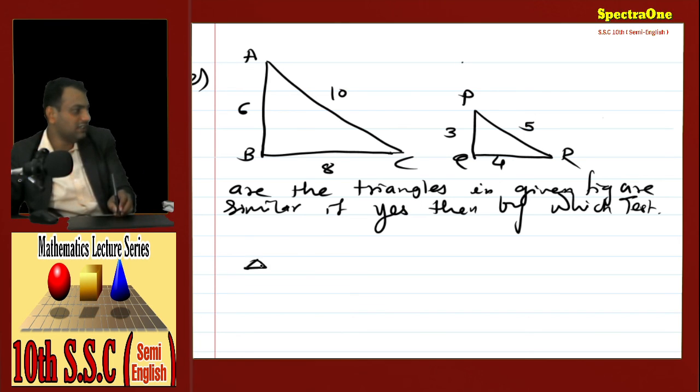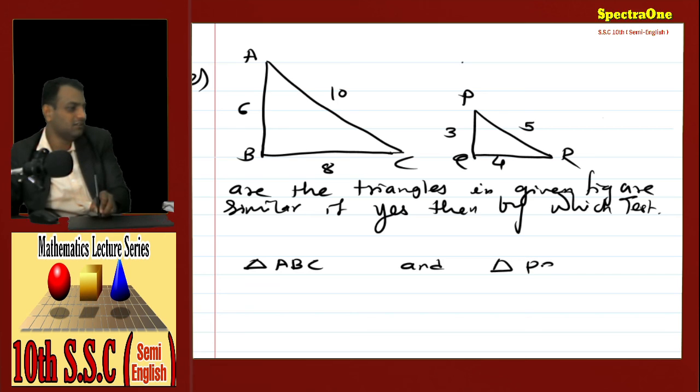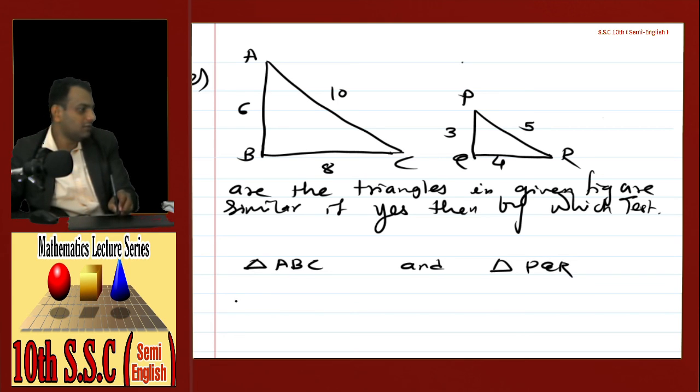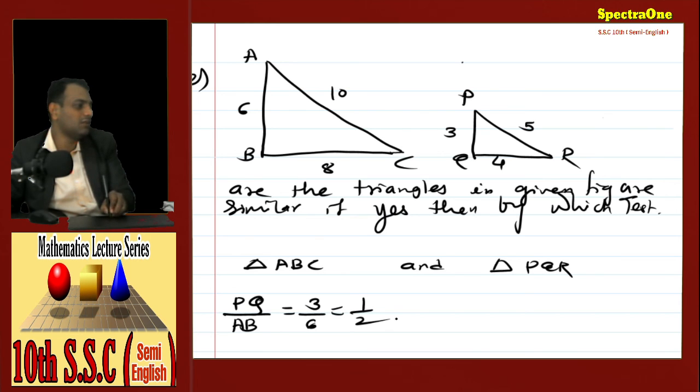Now in triangle ABC and triangle PQR, PQ upon AB equal to 3 upon 6, that is 1/2.